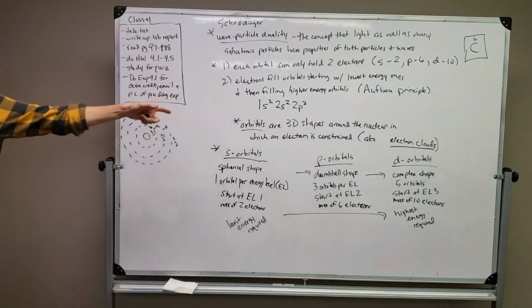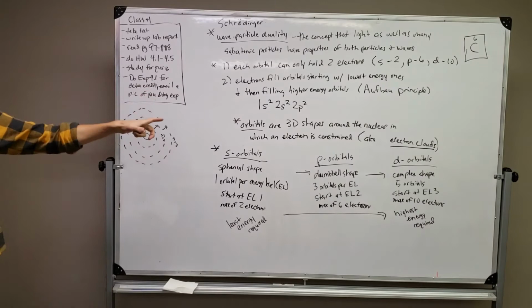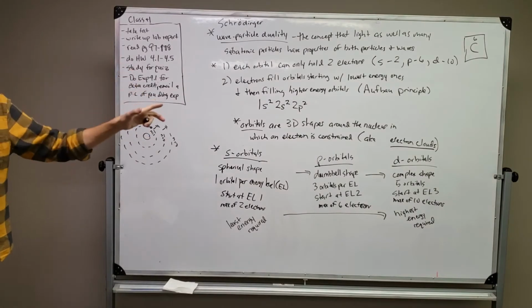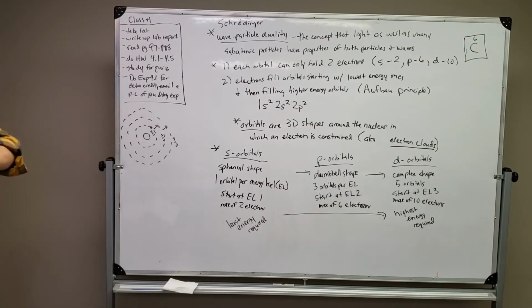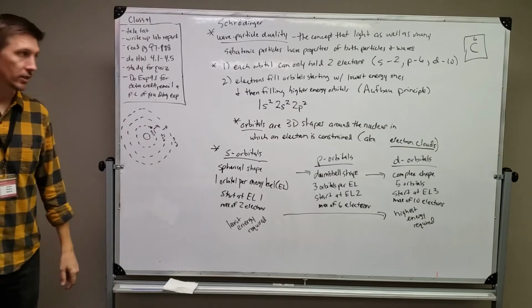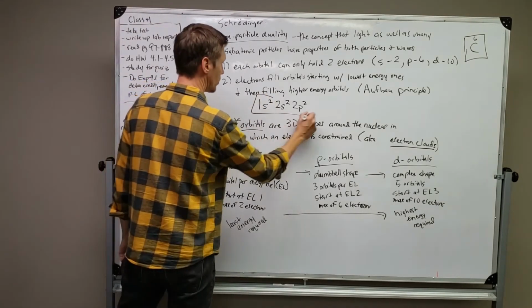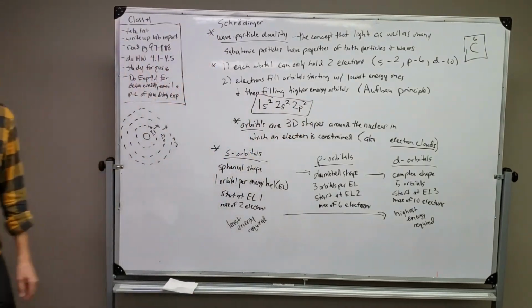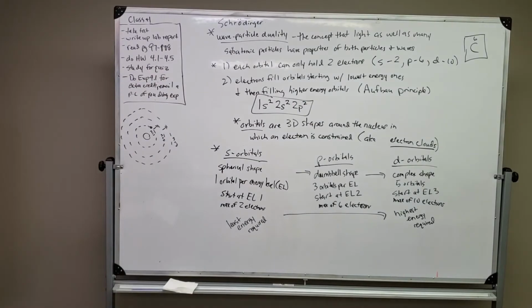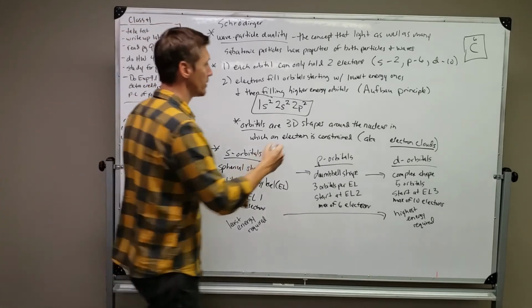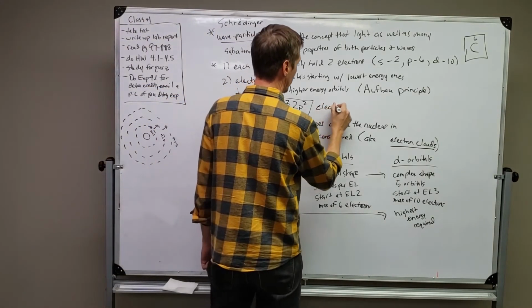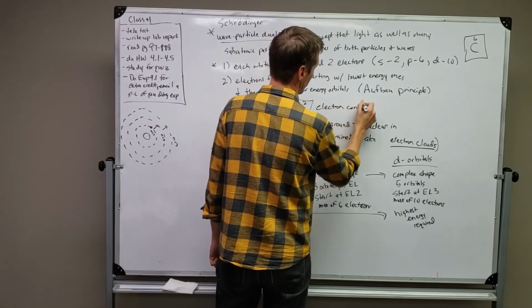So in the 2p orbital, that is the p orbital at energy level 2, we only have 2 electrons in there. So this is where all of the electrons exist in its ground state for a carbon atom, right? And what we refer to this as is called the electron configuration.